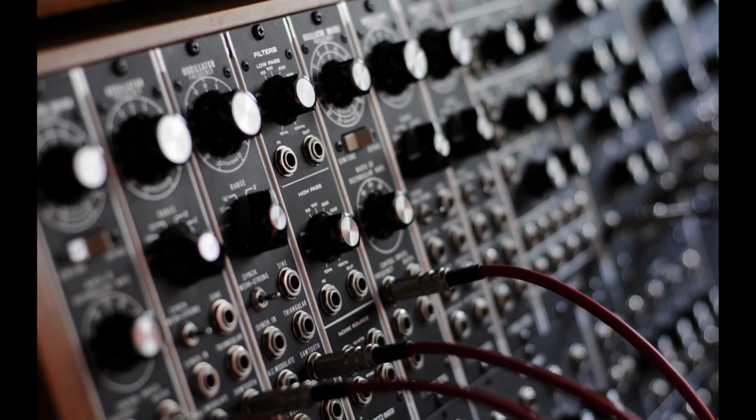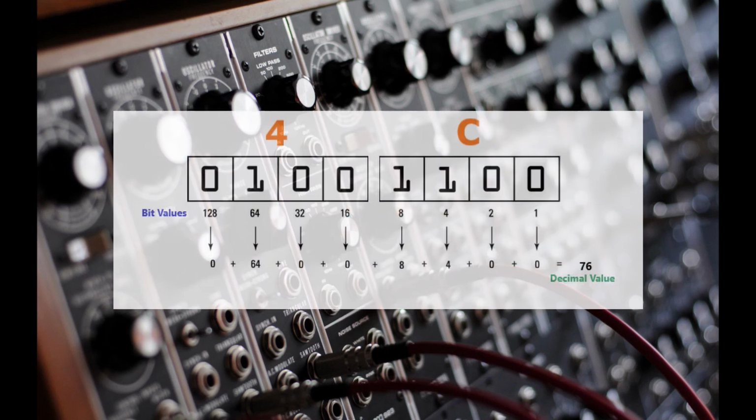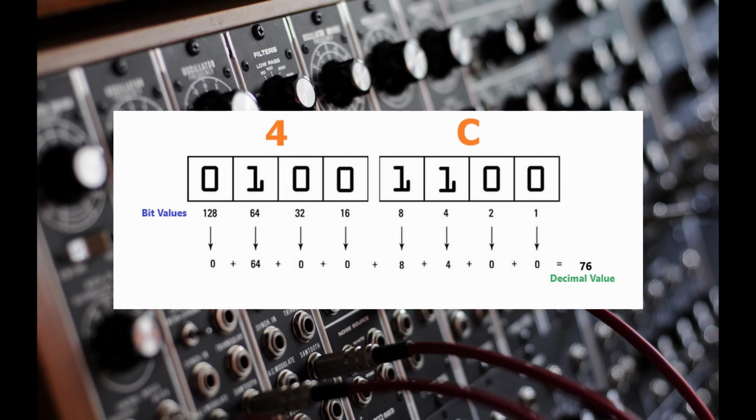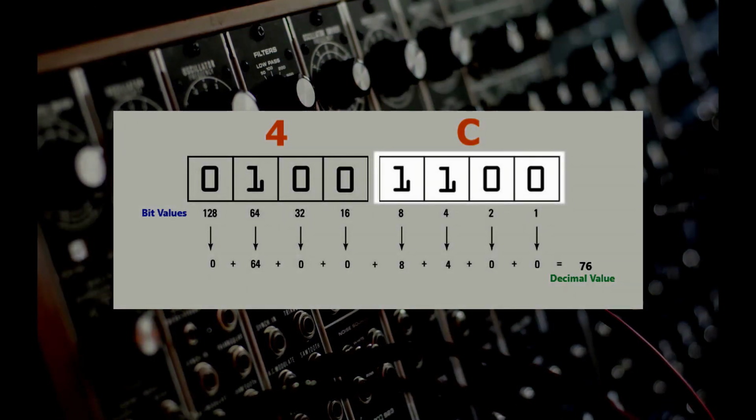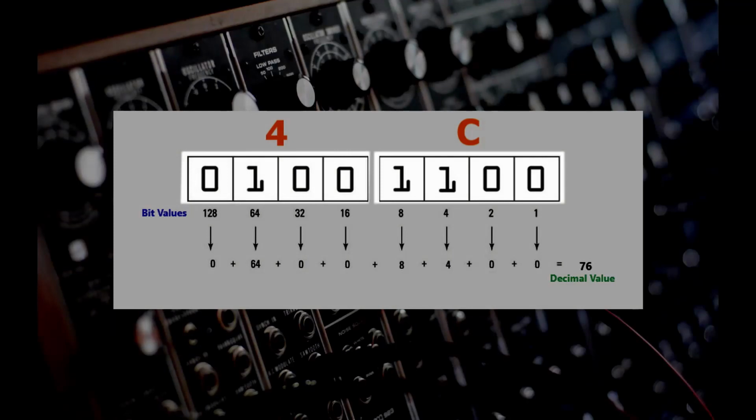Let's try hex 4C. In binary, it is 0, 1, 0, 0, 1, 1, 0, 0. A group of 4 bits is called a nibble, and 2 nibbles equals 1 byte, which is 8 bits.